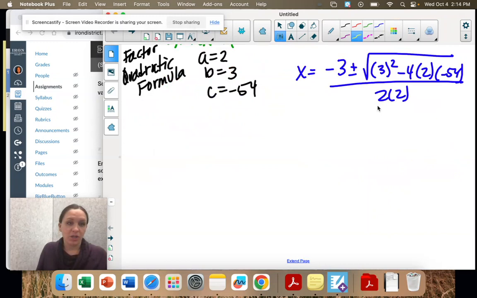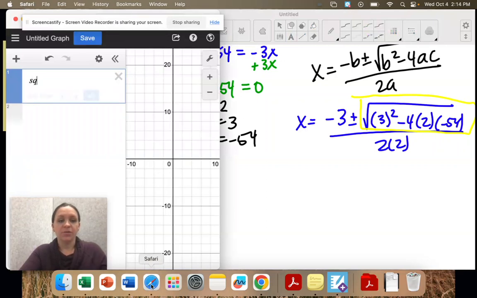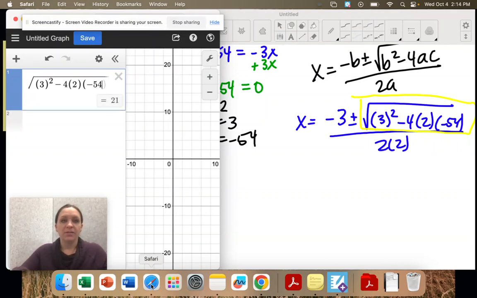Then into the calculator we go. The square root part goes straight into the calculator. So square root 3 squared minus 4ac, 21.